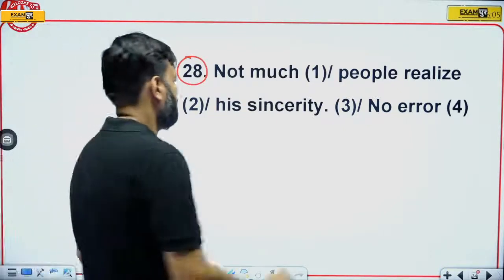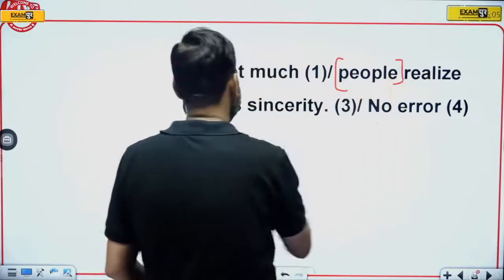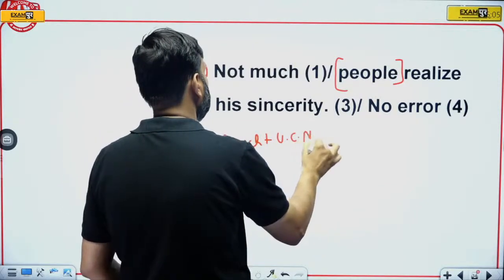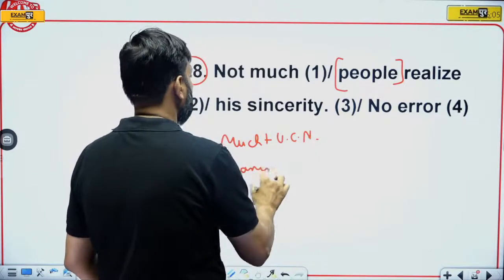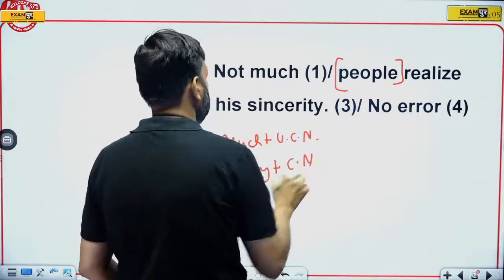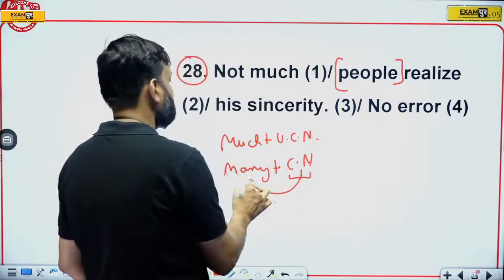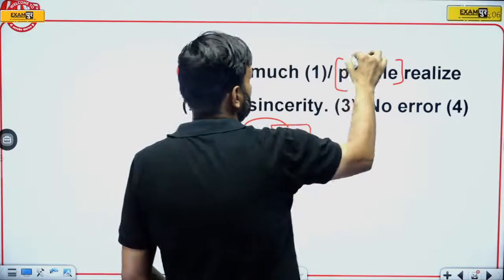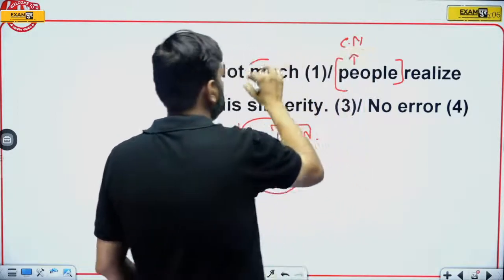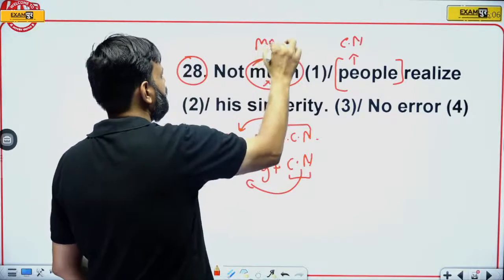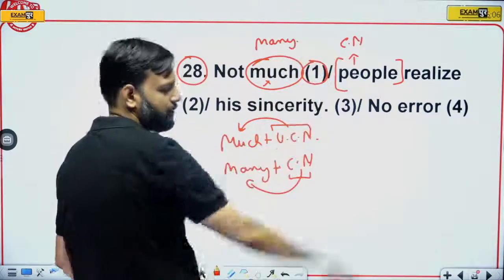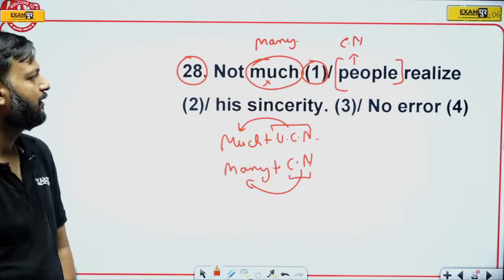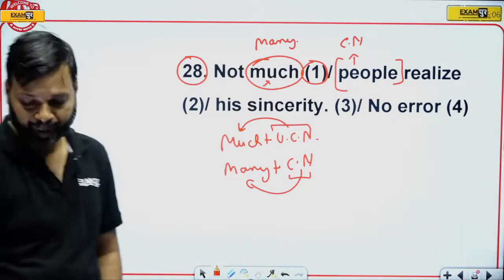Here we are talking about people, and much is used with uncountable nouns, and with countable nouns its counterpart is many. So people is countable, and we need to use many. So the error is in the first part. Not many people realize his sincerity.